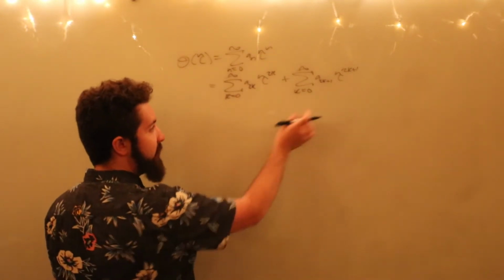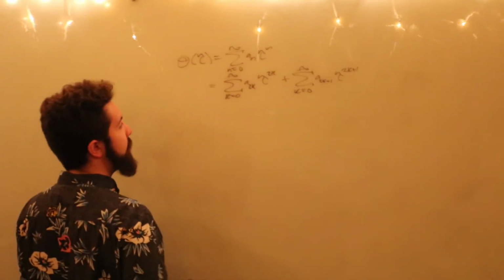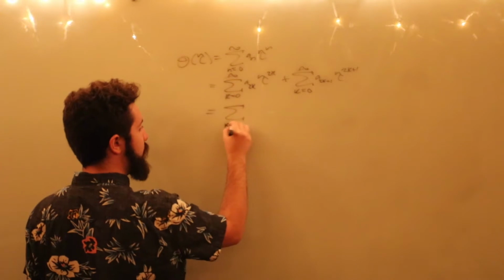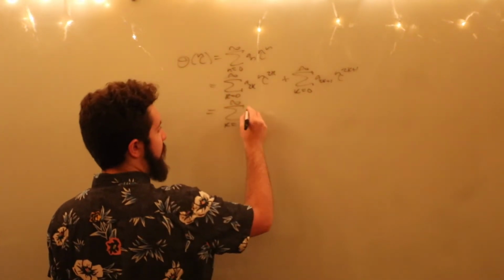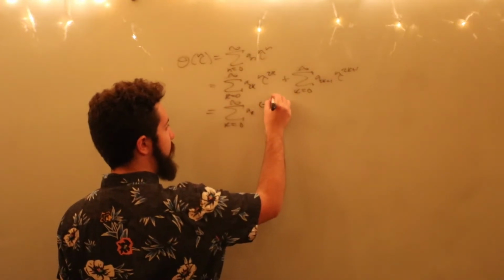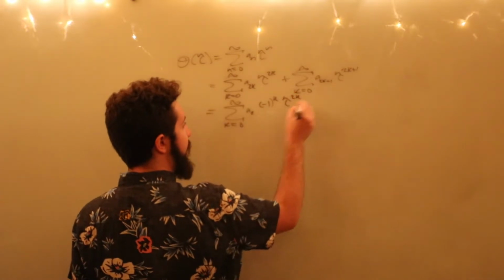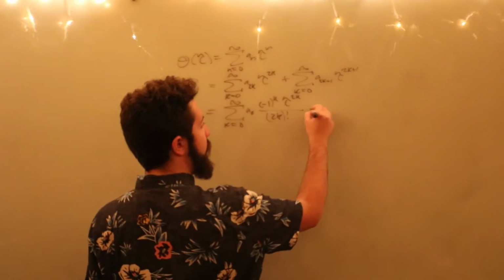Alright, so now we substitute our expressions we found for a sub 2k and a sub 2k plus 1. This gives us the sum from k equals 0 to infinity of a naught times negative 1 to the k, and tau to the 2k all over 2k factorial.